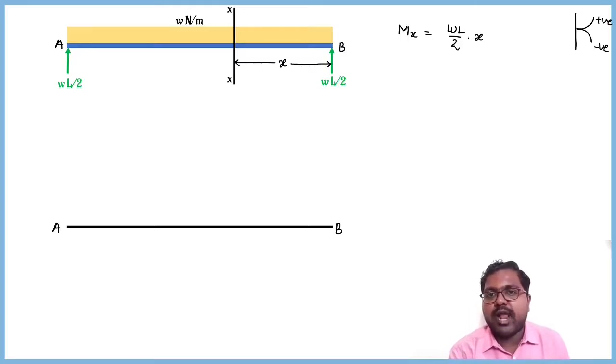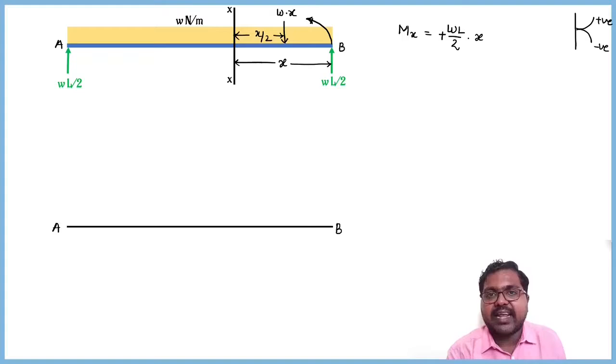So this WL by 2 is creating an anti-clockwise moment, so it is positive. Then the entire load W Newton per meter is acting at its centroid as W into X, which is at a distance of X by 2.